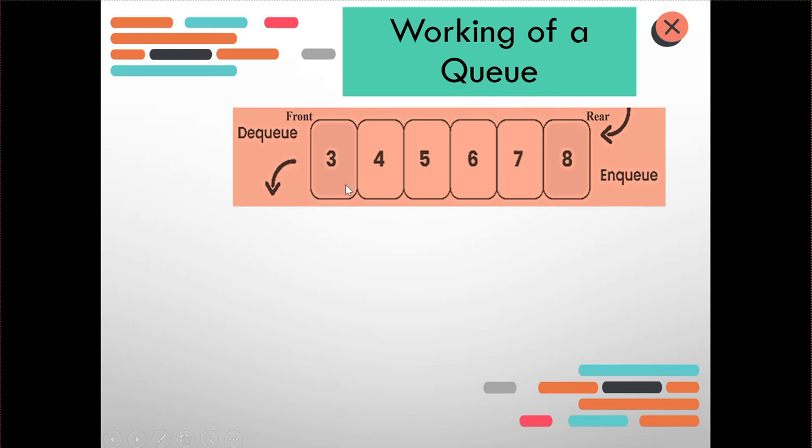In this example, we have supposedly inputted 3 for the first time, followed by 4, 5, 6, 7, 8. So 3 would be the first one to be removed if we are using a dequeue operation, followed by 4, then 5, then 6, and so on.